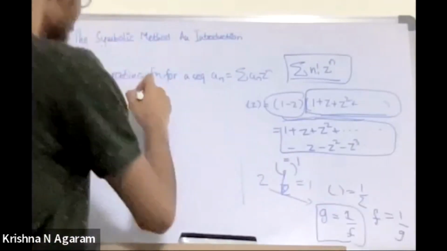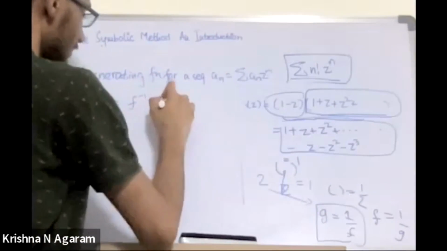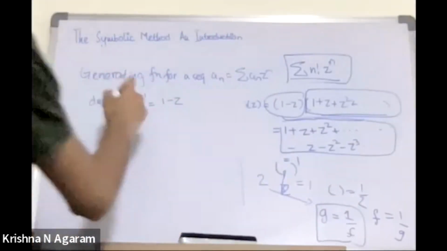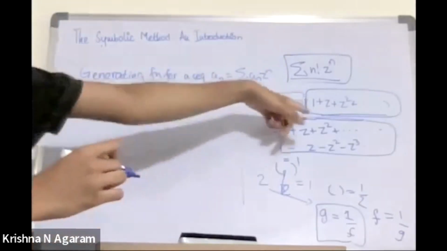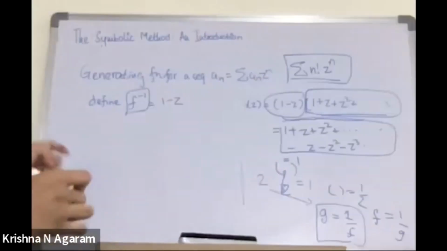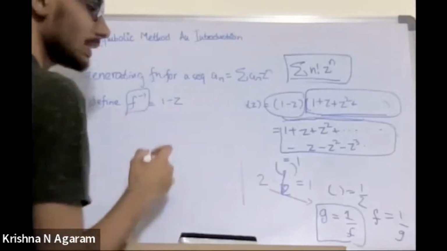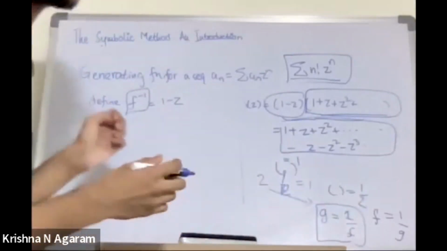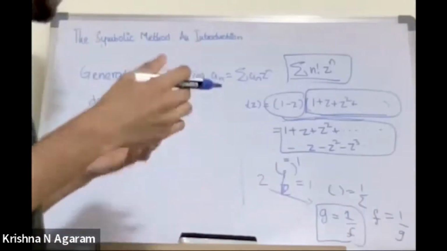So more correctly, you would write F inverse is 1 minus Z. This is the way you denote the inverse of this 1 plus Z, which I called F. But if you have to write 1 by 2 somewhere, you won't write 2 inverse.